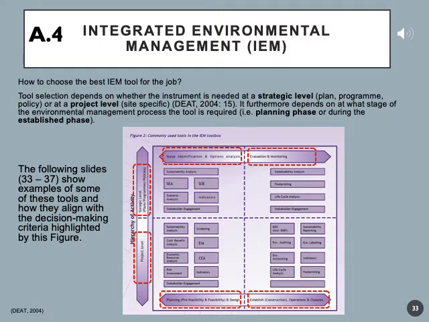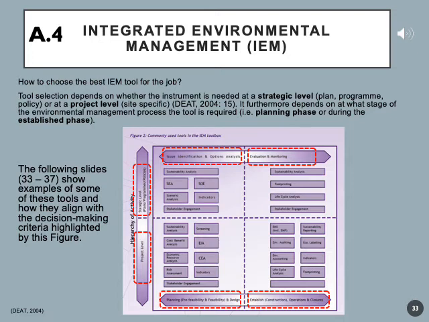So then when you go down to the project level and the bottom left, this is when you look at the planning and the design phase on a site. So it's a site-specific project. Then you can look at EIA or screening, or even a cost-benefit analysis. And then the last one is when the project or the activity has been implemented.